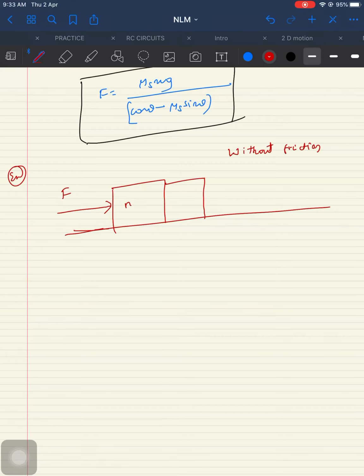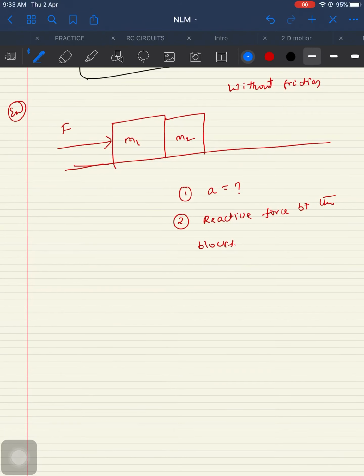Each has mass m1 and m2, and the simple questions can be: what is the acceleration? Easy question. And the second question, what is the reactive force between the blocks?